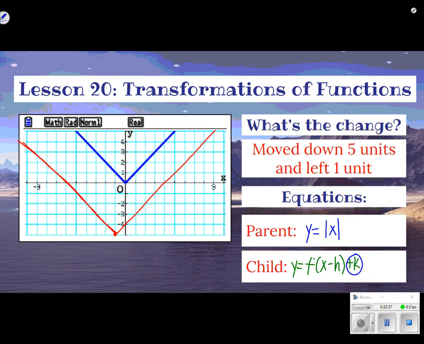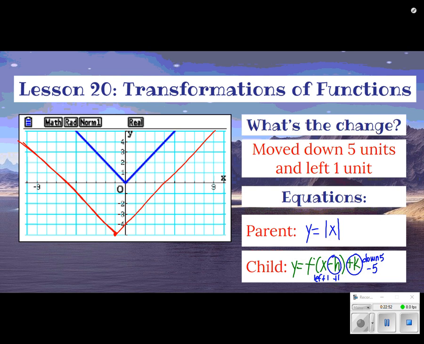Down is on the outside. So to make this down 5, I need to look at it as a minus 5. Remember, it makes sense. For the left 1, I need it to go inside, hanging out with x, so it's going to be inside the absolute value. And to go left 1, it's not minus 1, it's plus 1.